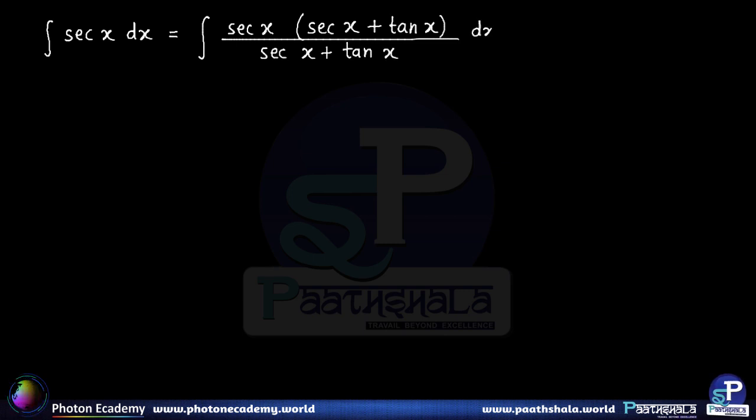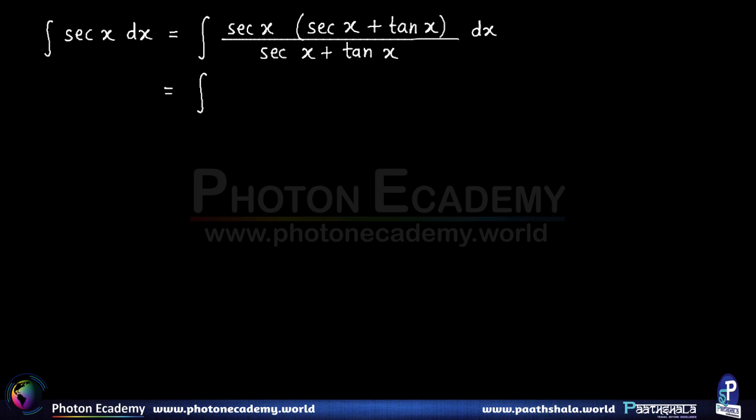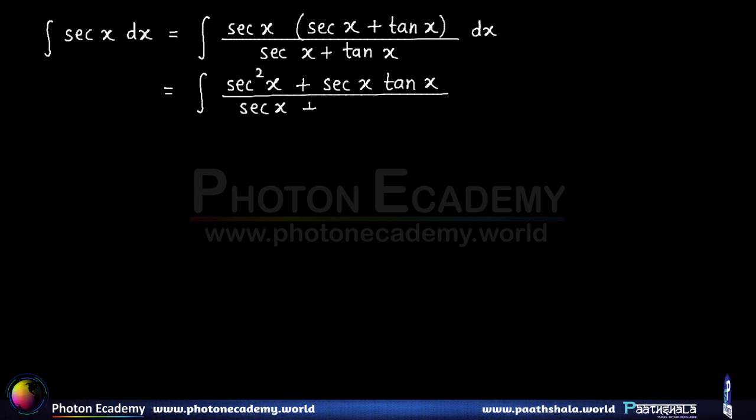The answer will be immediately apparent when we multiply in the numerator. When sec x multiplies the bracket sec x plus tan x, we get sec square x plus sec x tan x, whole divided by sec x plus tan x as it is.